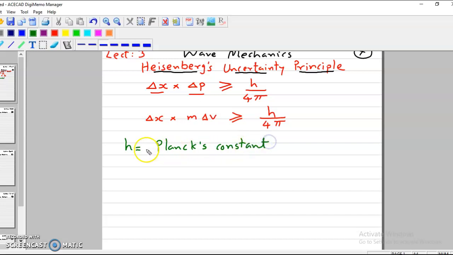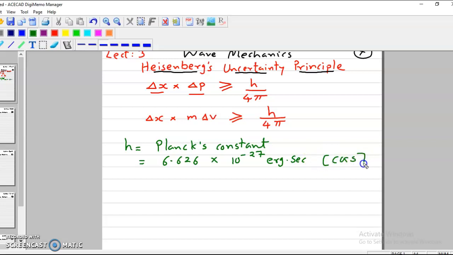And the value of Planck's constant h can be 6.626 times 10 to the power minus 27 erg into second, erg multiplied by second, and this is in CGS unit.